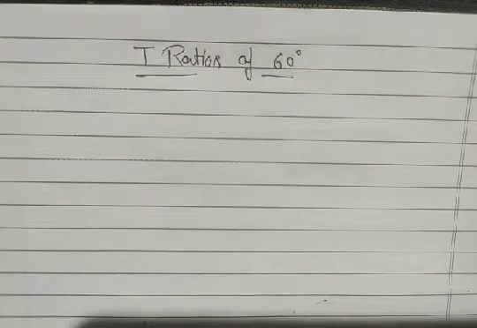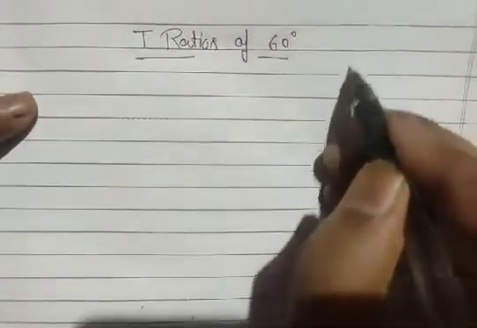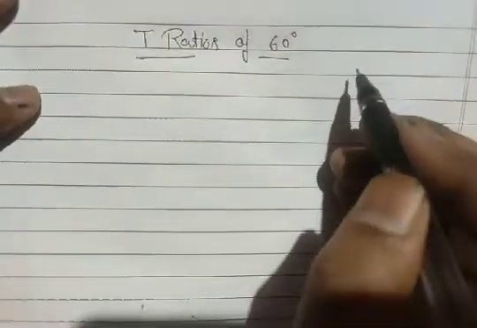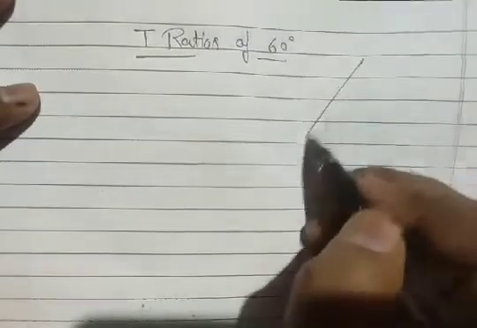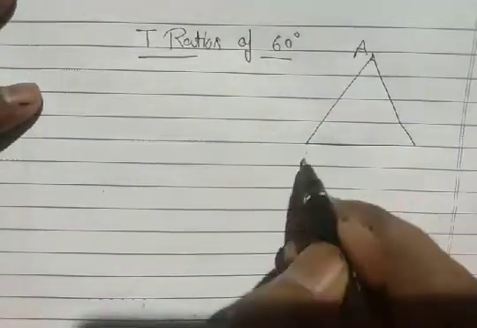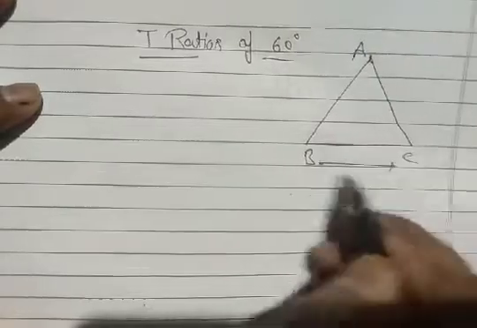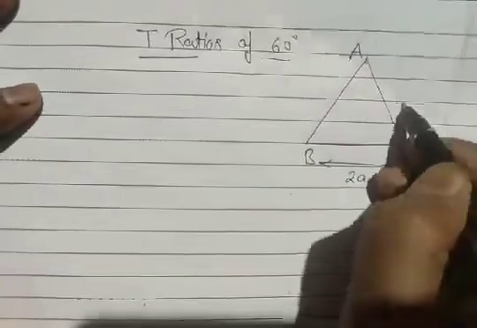Now we are going to find the T ratios of 60 degree. To get the T ratios of 60 degree, we again draw an equilateral triangle, similar to the one for 30 degree. We have an equilateral triangle ABC. Again we take its sides equal to 2A.